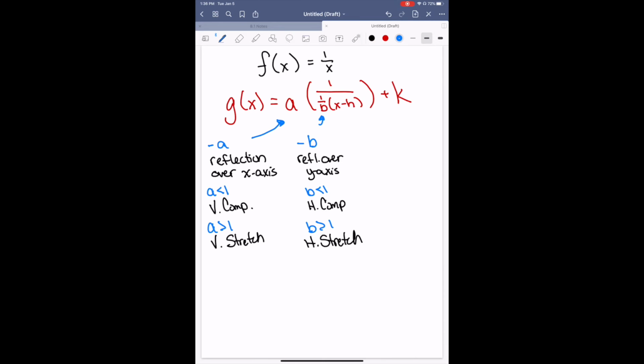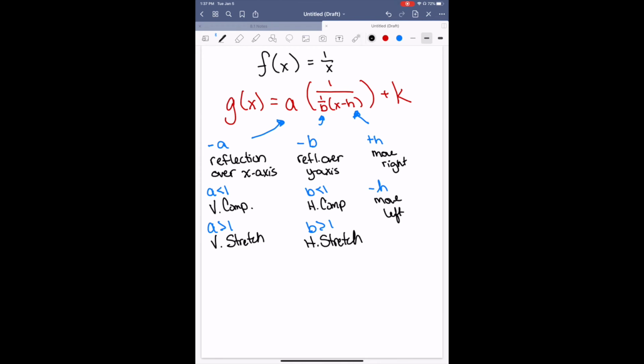Now, remember that h plays the role of a horizontal translation, meaning we're moving left or right, okay? If we have a positive h, we move right. And if we have a negative h, then we move left.